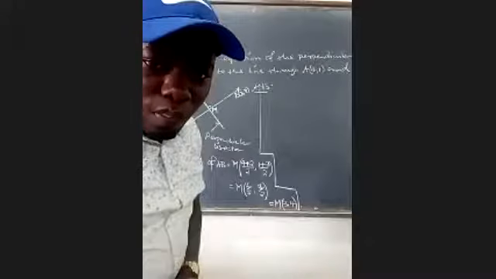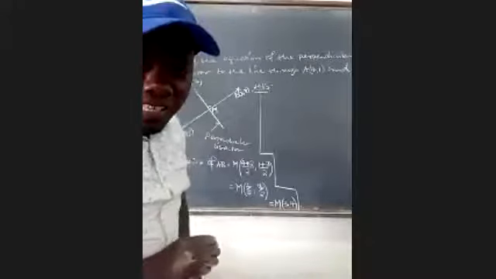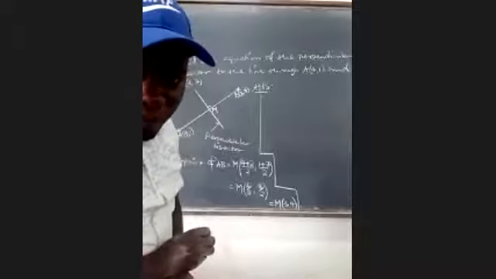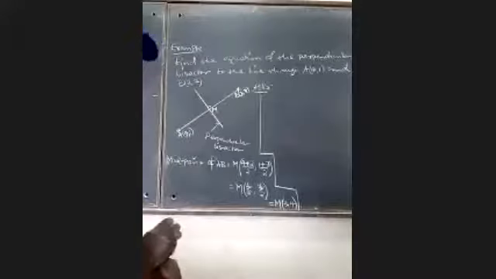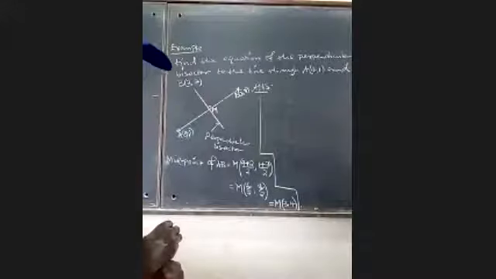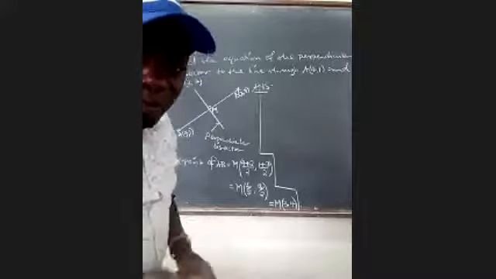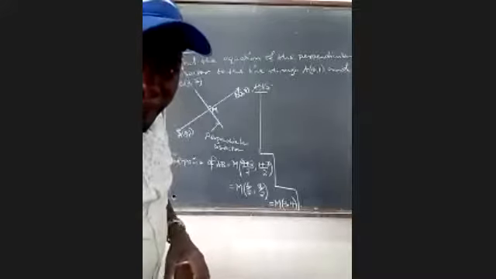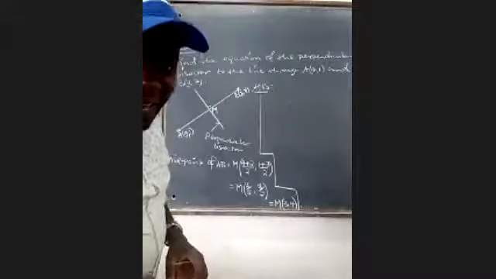So if you heard what Jovia said, can you take us through? I think I heard, but she said that you first find the gradient of that line, AB, then since they are perpendicular lines, you use M1 times M2. Okay, that's very good. That is Daphne.